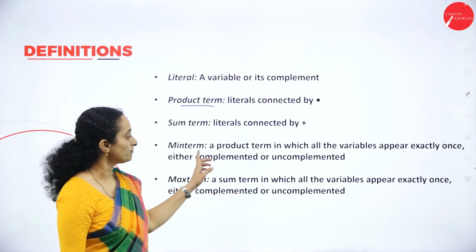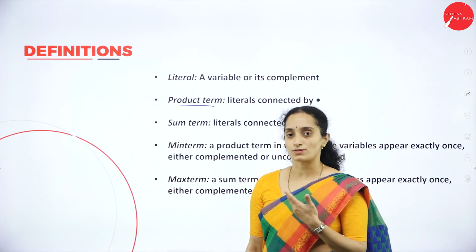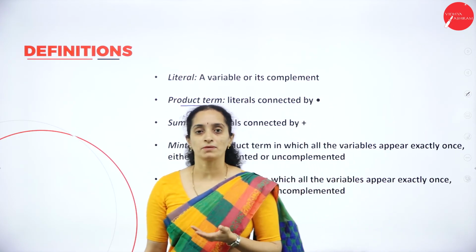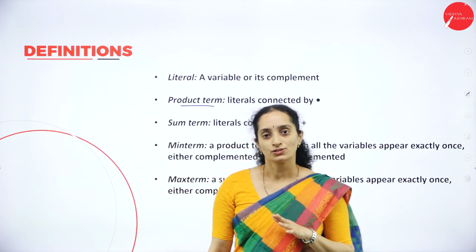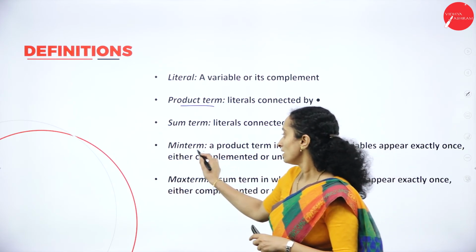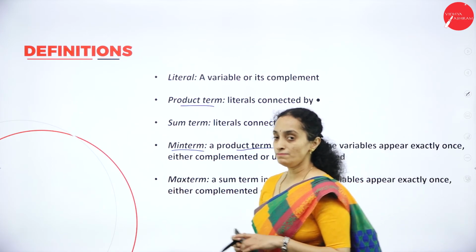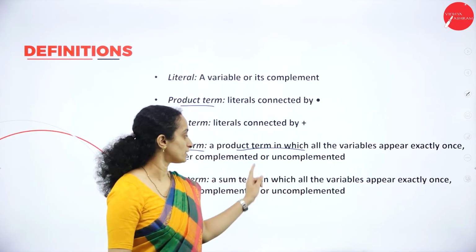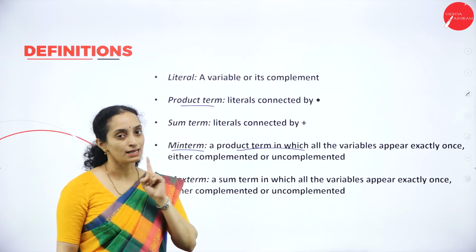Next comes the min term. In the next concepts, we frequently make use of the words min term and max term, so remember what they are all about. A min term is a product term in which all the variables appear exactly once.